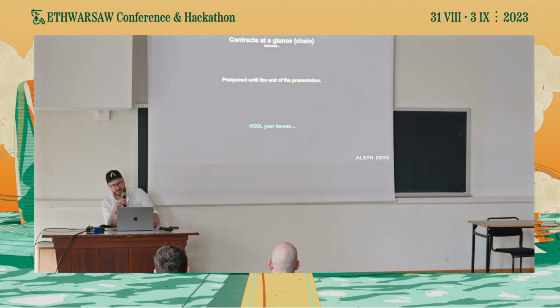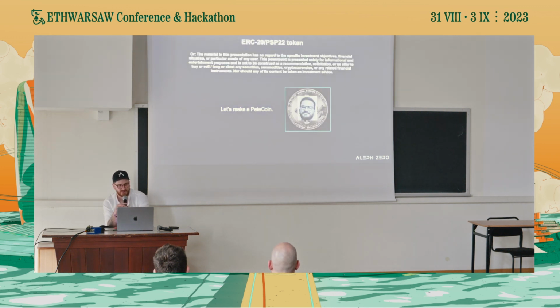We're going to take a look at how the contracts are deployed. On purpose, I'm not doing any live coding, just because I've learned my lesson a few times. Something always goes wrong. So yeah, I choose to present the concepts by doing an ERC20, or the PSP22 spin on an ERC20 token.